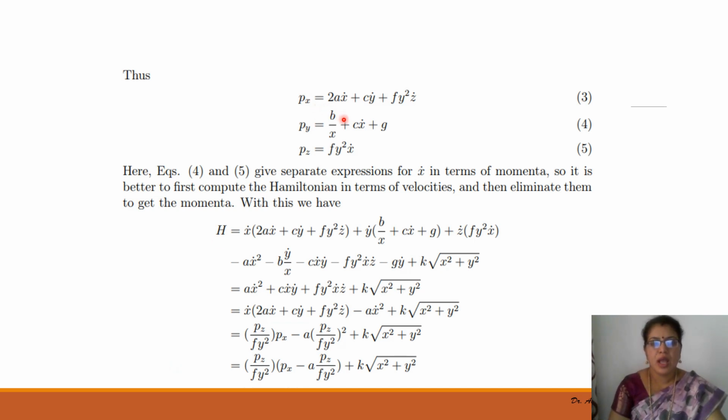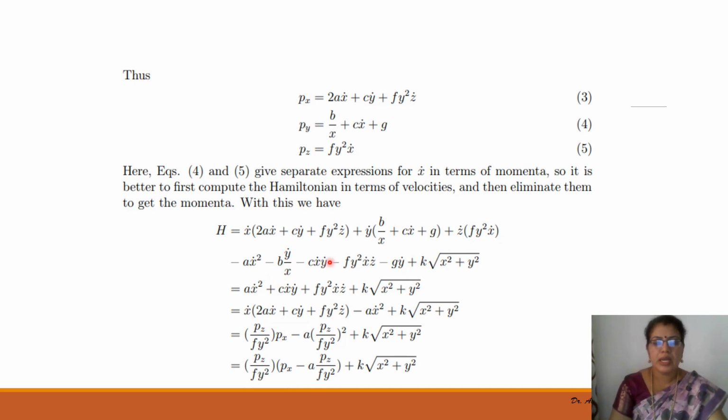Differentiating L with respect to y dot will give us the conjugate momentum in the y coordinate, so py. Similarly, differentiating dou L by dou z dot, we will end up with pz. Substituting into h, which is nothing but px x dot plus py y dot plus pz z dot minus the given Lagrangian, we would end up with this form.